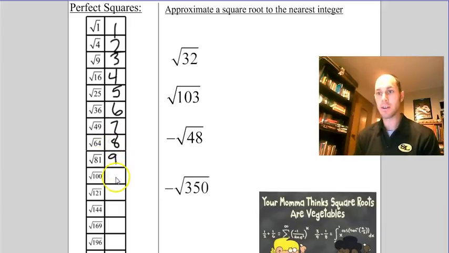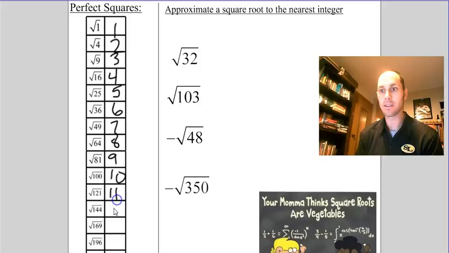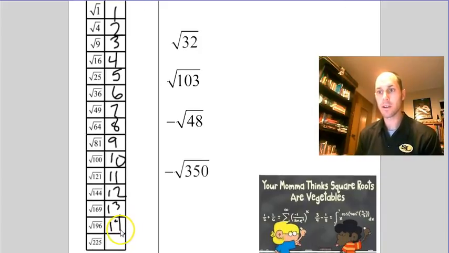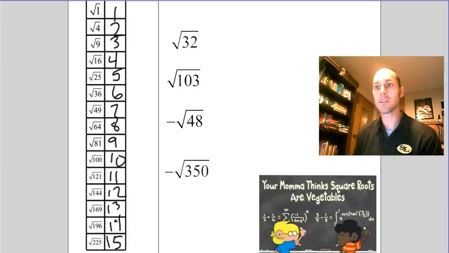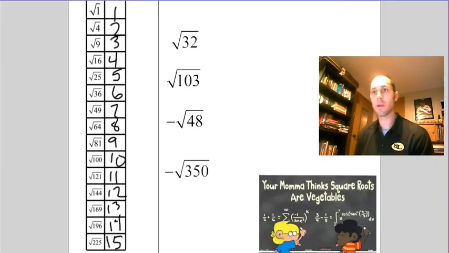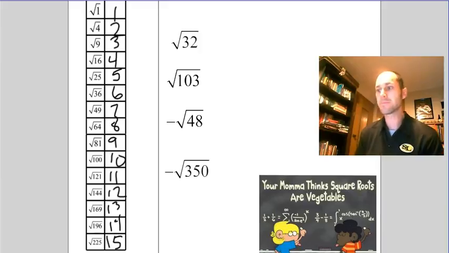Hopefully you're seeing the pattern here. 10, 11, 12, 13, 14, and we got one more down here, 15. So if you can kind of commit these to memory, these are many of the square roots that you'll be using quite often. Pause it if you need to write those down.